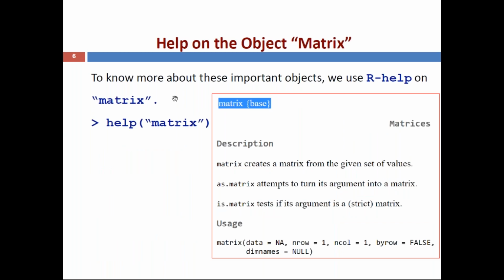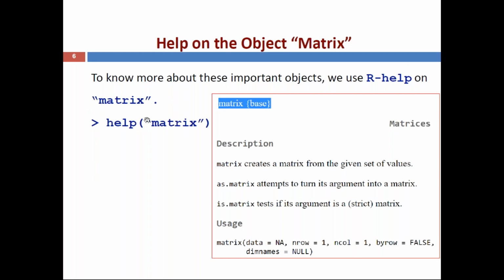Then if you want to find help about the matrix, help on the object matrix. In our introduction lectures, we already covered how to find help and how to search. Using those commands, to know more about these important objects, we use R help on matrix.